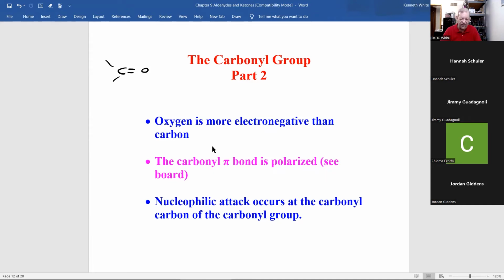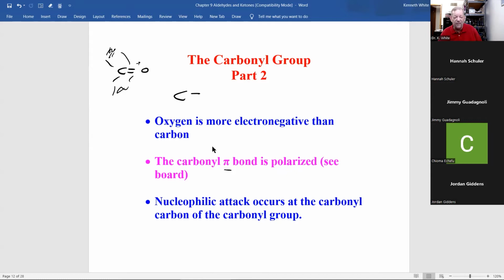And because of that, the pi bond is polarized. Remember, any double bond in organic chemistry has 1 pi bond and 1 sigma bond. Now, what that means is the electrons in the pi are a little closer to the oxygen than the carbon. It's pulling them closer.